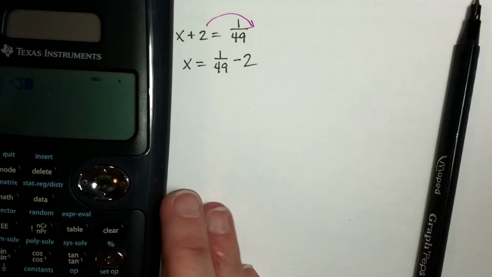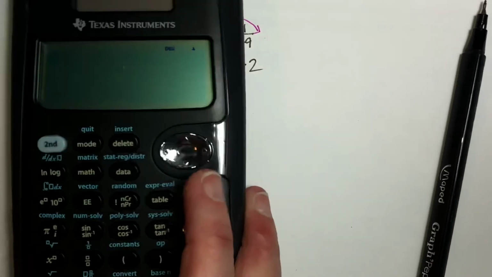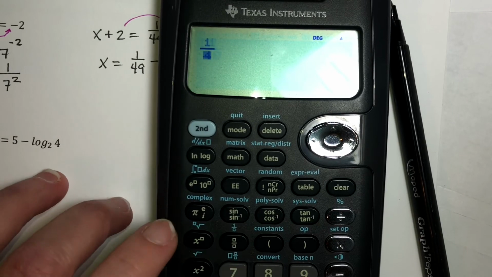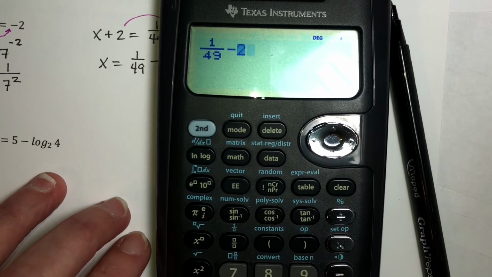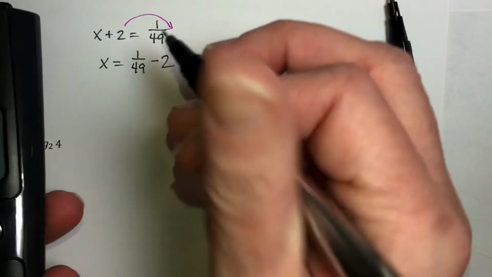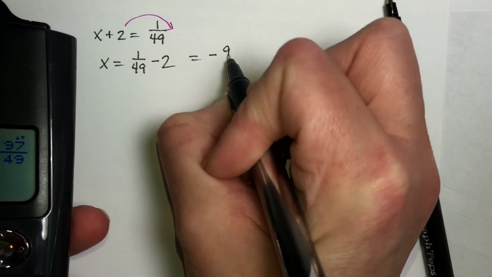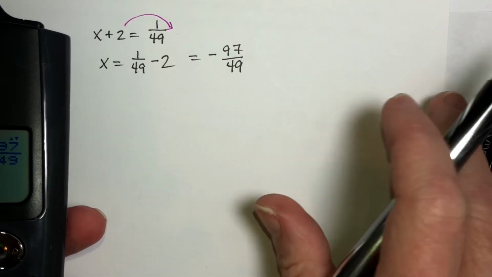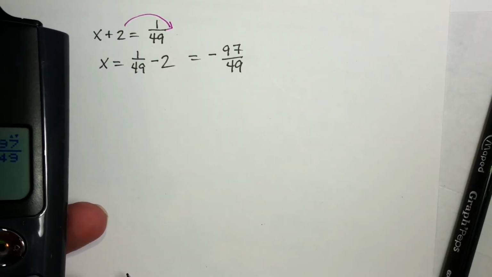And I'm going to use my calculator here to get this done. 1 over 49 minus 2 is negative 97 over 49. And if they want the exact answer, that's what you would give.